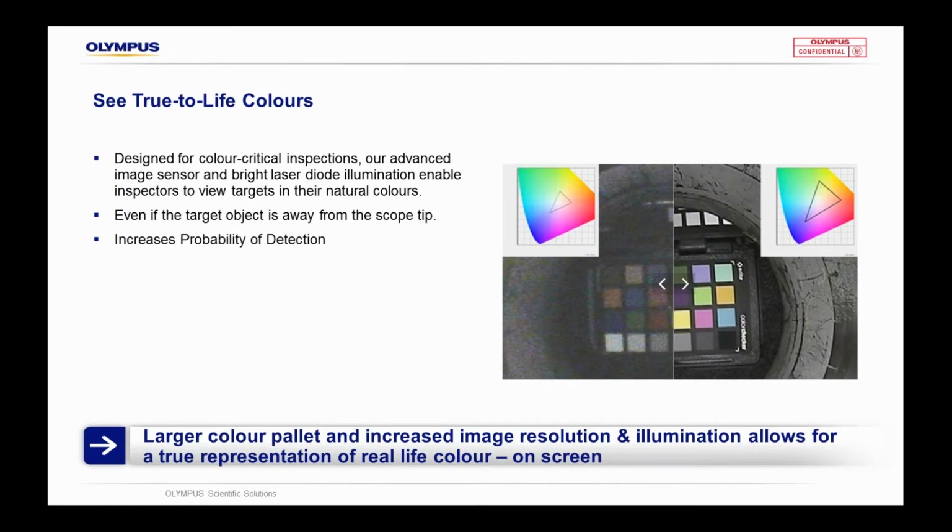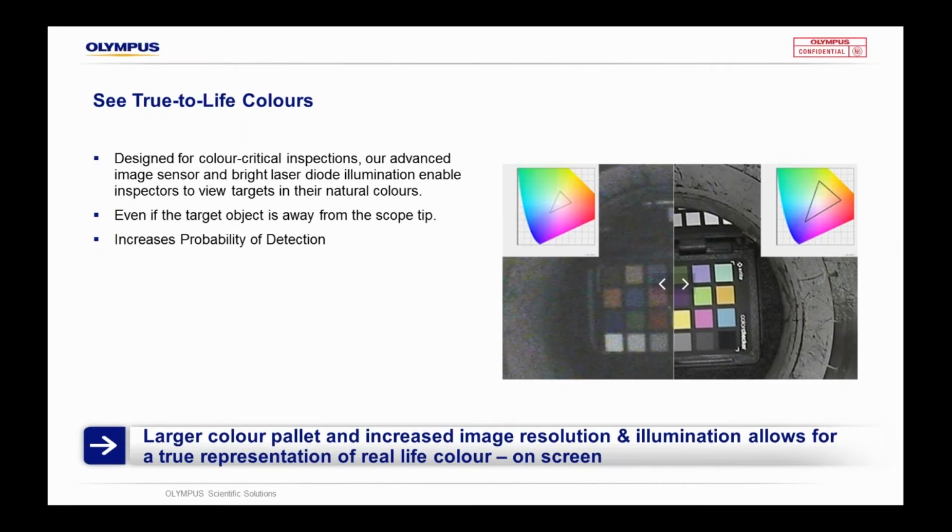Equally, if you're looking at weld samples or welds within pipes or heat exchangers as an example within a plant, the heat affected zone is very, very important, and therefore the color and the understanding of that color is also very important. By having more colors, we have more potential to be in line with the true representation of the colors that are available.